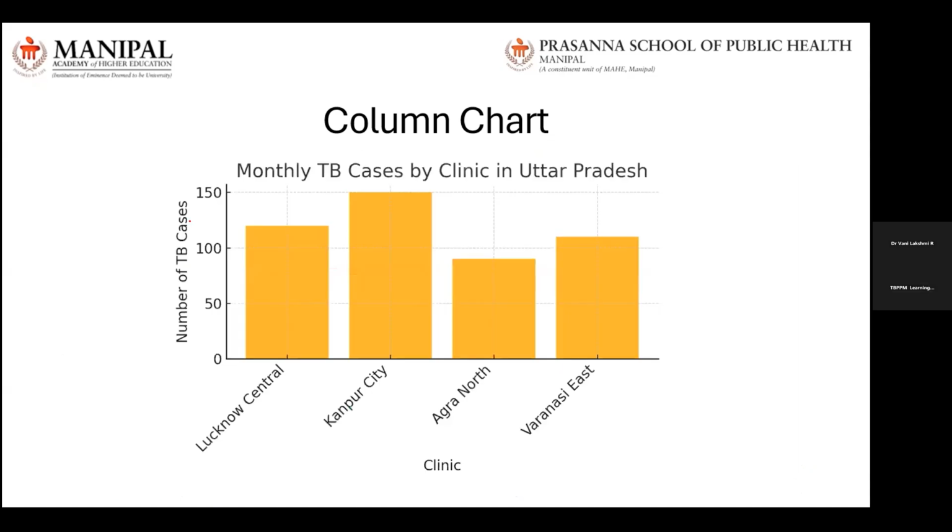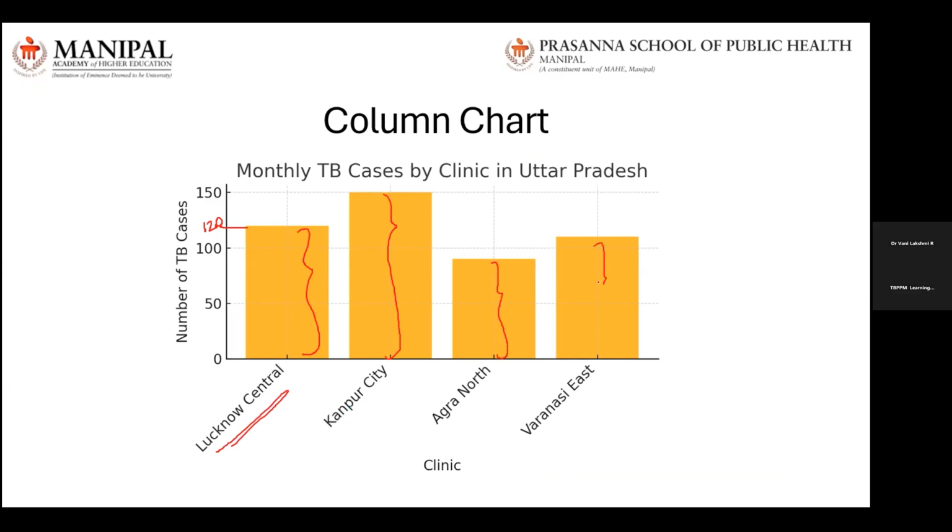If you look at the chart here, in Lucknow Central there are approximately 120 TB cases by clinic. So the height of the bar is what is important to us. The taller the bar, in this case, the more the number of cases.